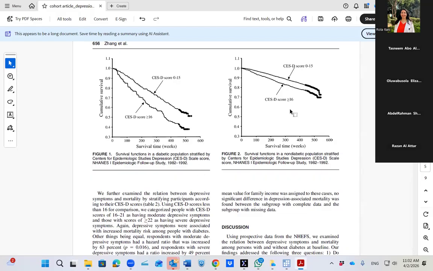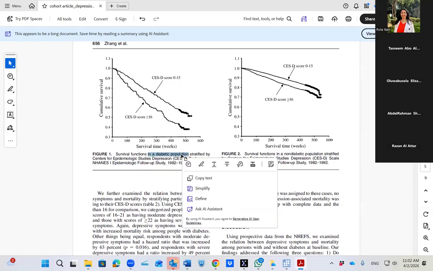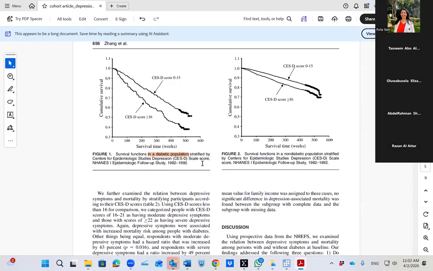So what do you find? Those with diabetes will live less than non-diabetic over time. Okay. So it is depression and death among diabetic, depression and death among non-diabetic, right? So in this one, if you are not depressed, I mean low depression, mild depression, this is your survival curve.